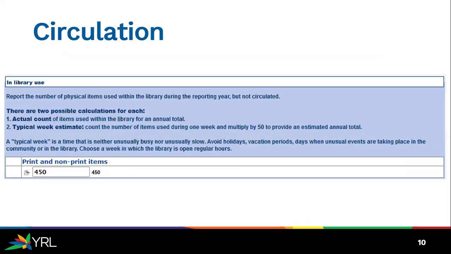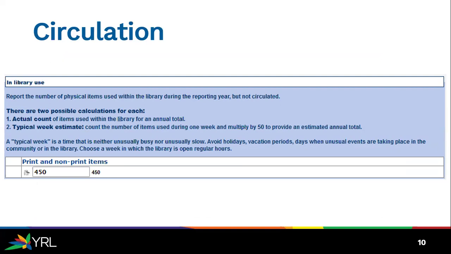Okay, continuing on with circulation. So in-house circulation or in-library use. There's two different ways that you can report this information. As you can see from the description there, if you do collect your in-house circulation in Polaris, that will be part of your annual report.